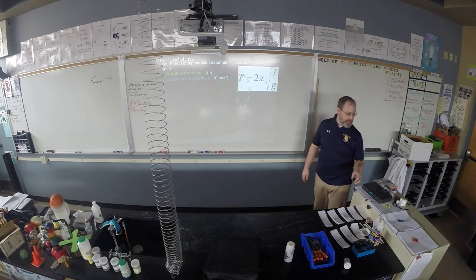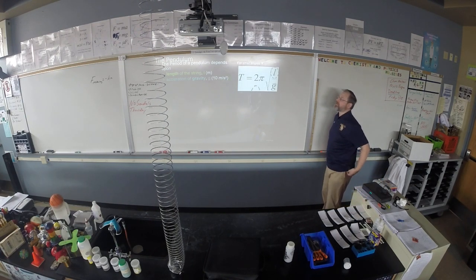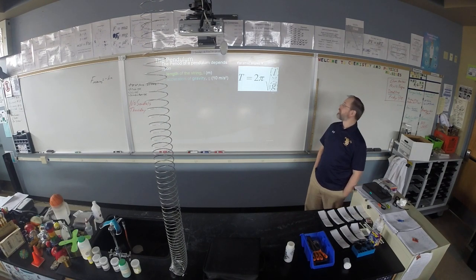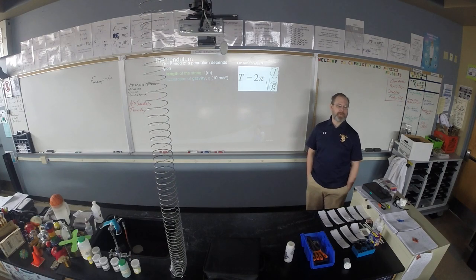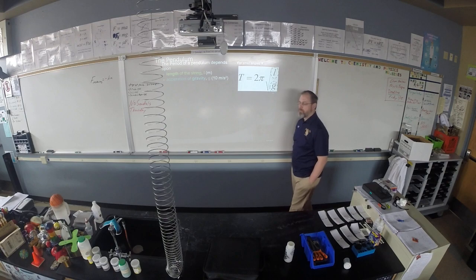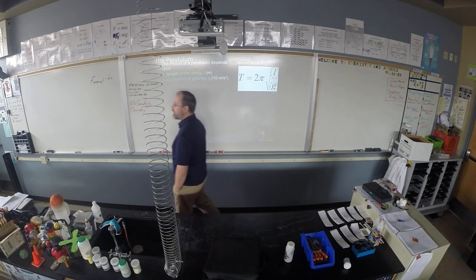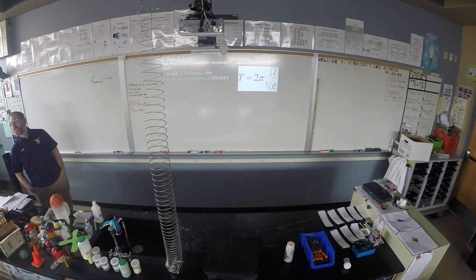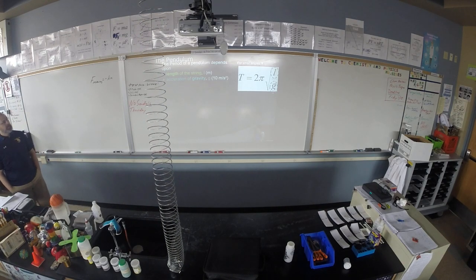So this is the formula for the period of a pendulum for small angles. For small angles, in other words, angles small enough that we can ignore air resistance and friction and all sorts of other crazy momentum effects and inertia effects, it's 2 pi the radical L over G, length over gravity.